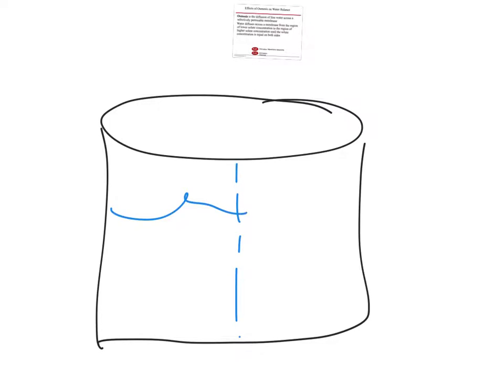All right, here's our beaker. And here's our membrane. Say there's a membrane that goes between the two, and we have water on both sides. So now on side A and side B.